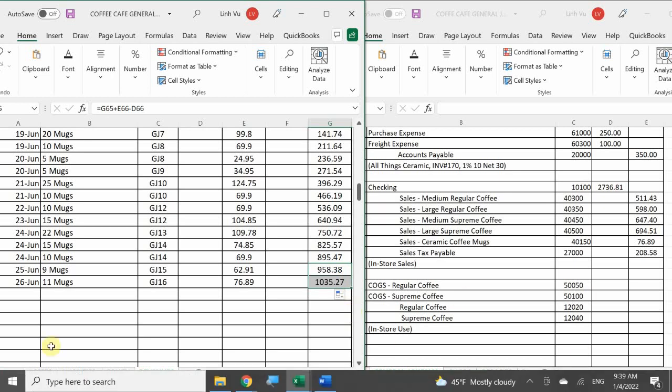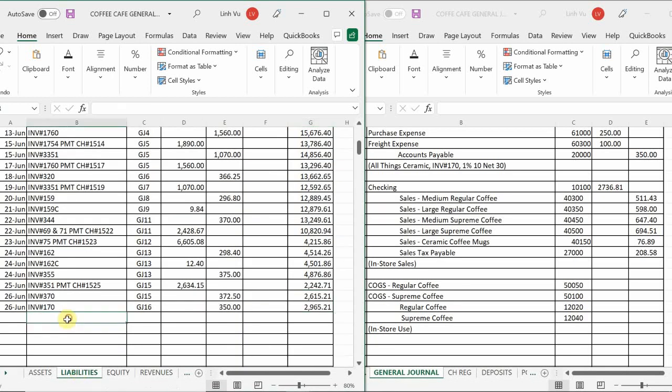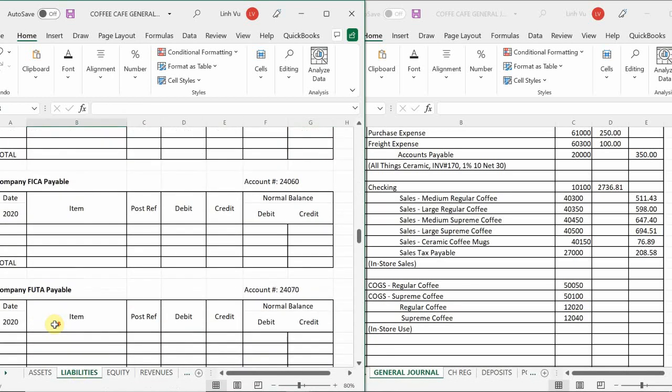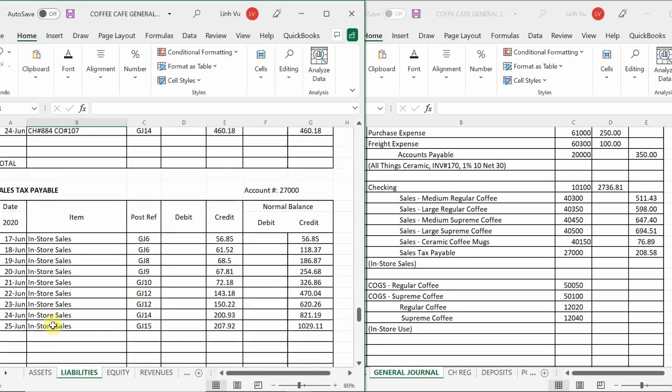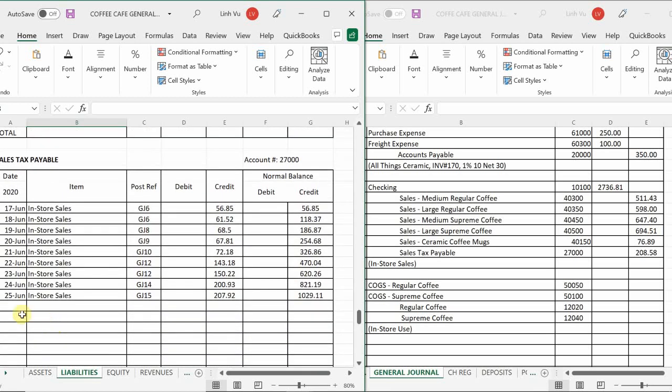Last but not least, we got some sales tax, for 208.58.